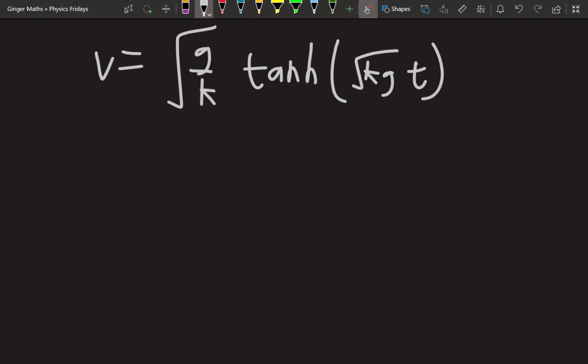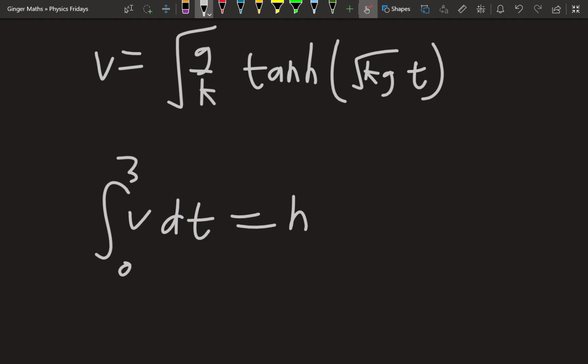So all we really need to do now is integrate our velocity from 0 to 3, because it takes 3 seconds to fall, dt, and this will essentially give us our height. So all we really need to do now is just integrate this equation.